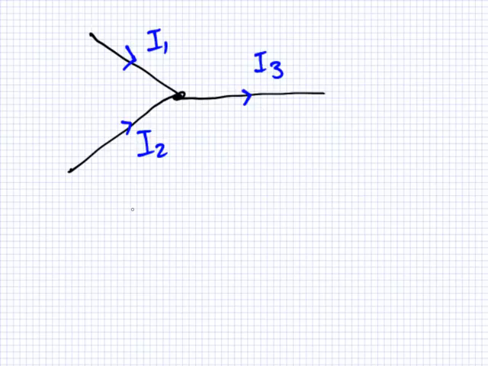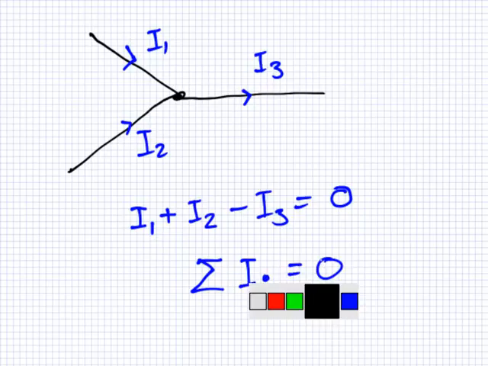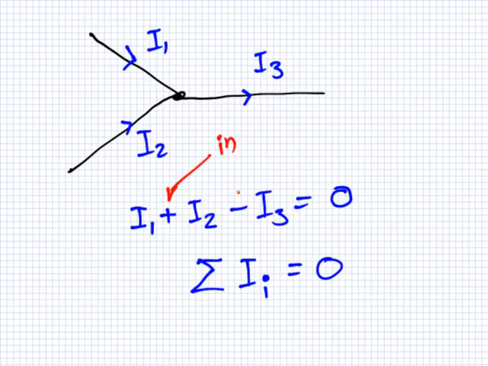So as a formula, Kirchhoff says I1 plus I2 minus I3 should equal 0. Or, the way Kirchhoff says it, the total current at the junction should equal 0. And just be careful, the plus means in and the minus means out.